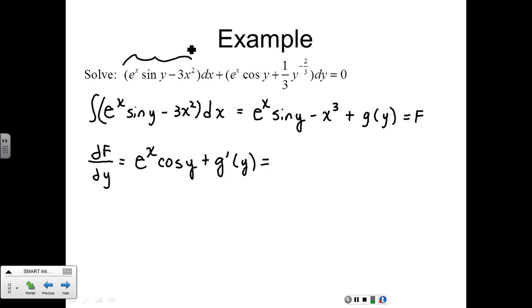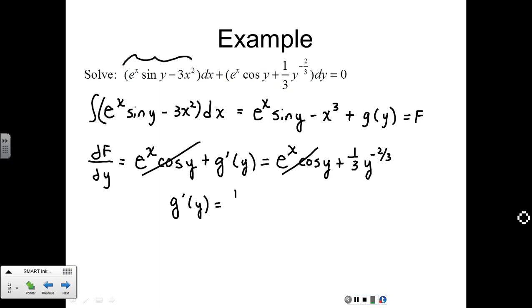Compare that to this whole second term, this n term here. So this would be e to the x, right? So obviously those are equal. So g prime of y is 1/3 y to the negative 2/3.